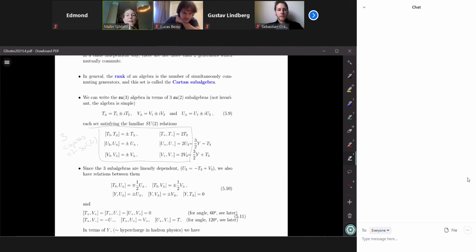However, as mentioned, these copies are not independent. And furthermore, while the U1 and U2 and V1 and V2 were taken to be generators, we did not include these among our generators.